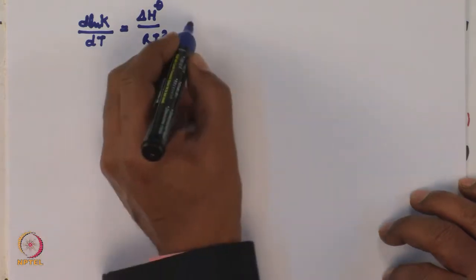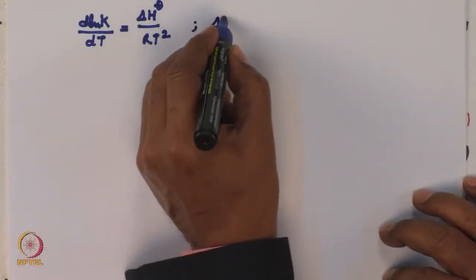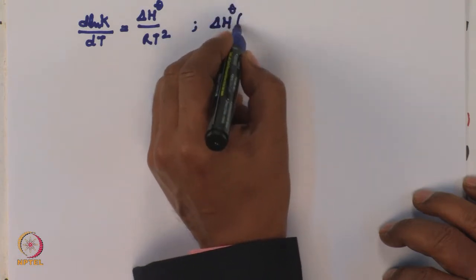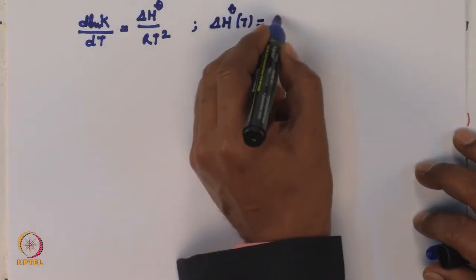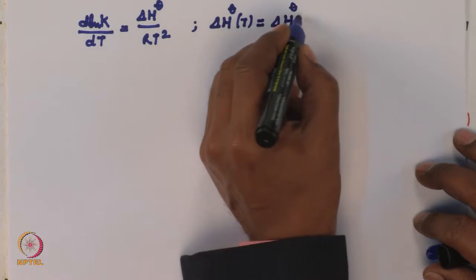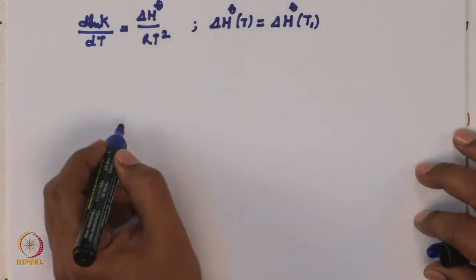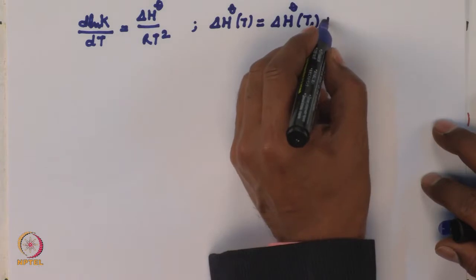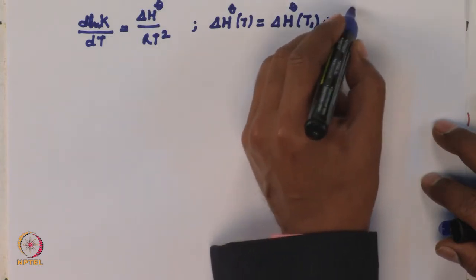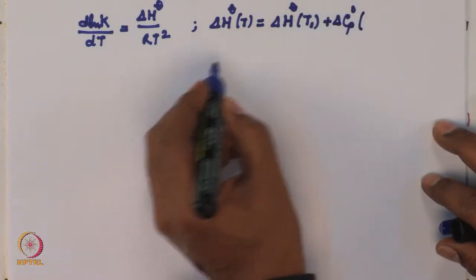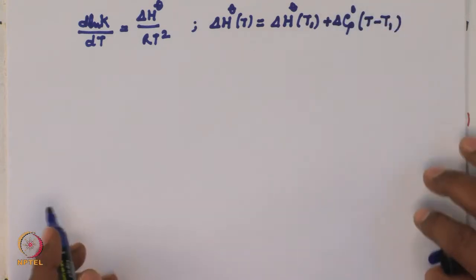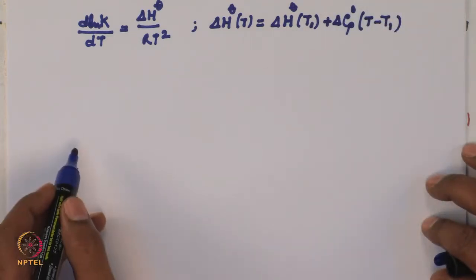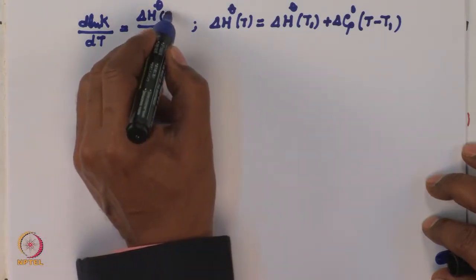Now, delta H naught at any temperature I can write as delta H naught at T1, let us say if T1 is my reference temperature, plus delta Cp naught into T minus T1. This is by using Kirchhoff's law, because this is at any general temperature.